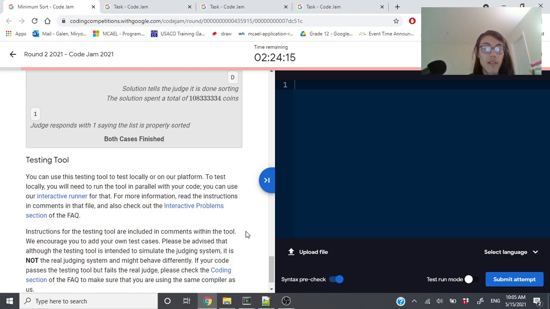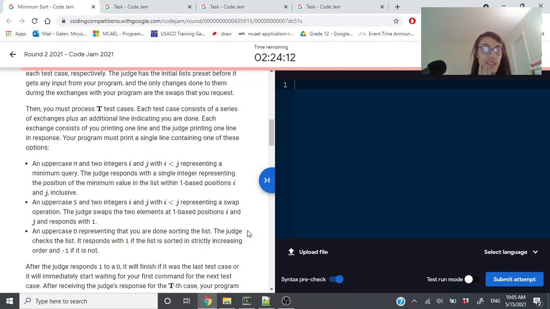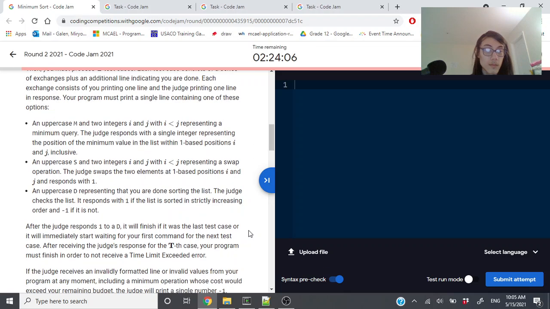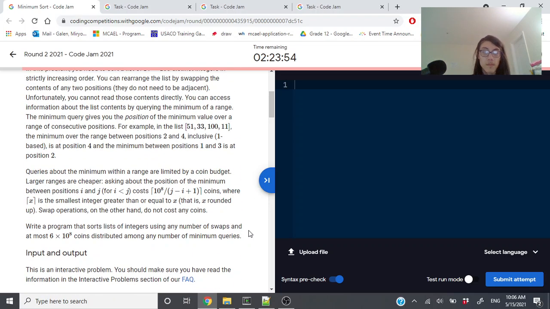So it's 10 to the 8th divided by the length, and it likes smaller lengths? Okay. So 6 times 10 to the 8th. How would that work?